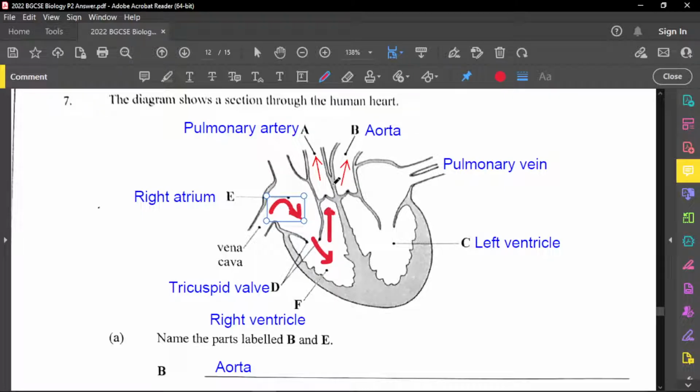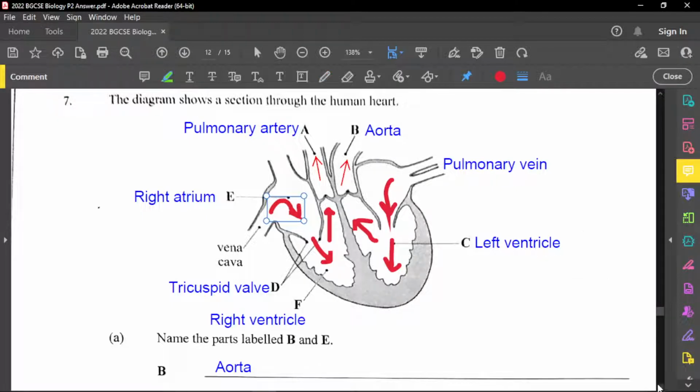The pulmonary artery and the aorta are two arteries. Blood is always coming into the atrium, then into the ventricle, and then it will push up into the artery.